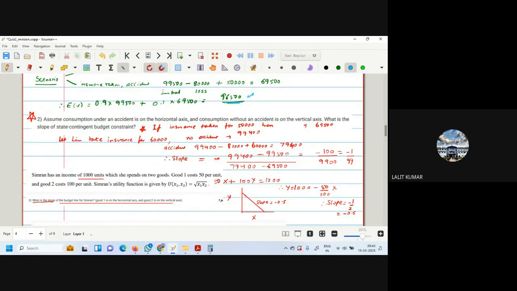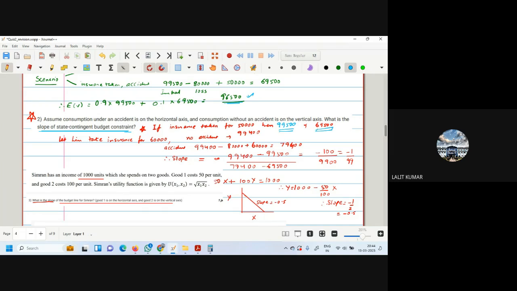Now, the second question, I could not understand when I attempted this GA. Later on, I could ask GPT and it gave me an answer. Assume consumption under an accident is on the horizontal axis and consumption without an accident is on the vertical axis. What is the slope of the state contingent budget constraint? When he takes an insurance for 50,000, he has got 99,500 in the no accident state, and accident state is 69,500.